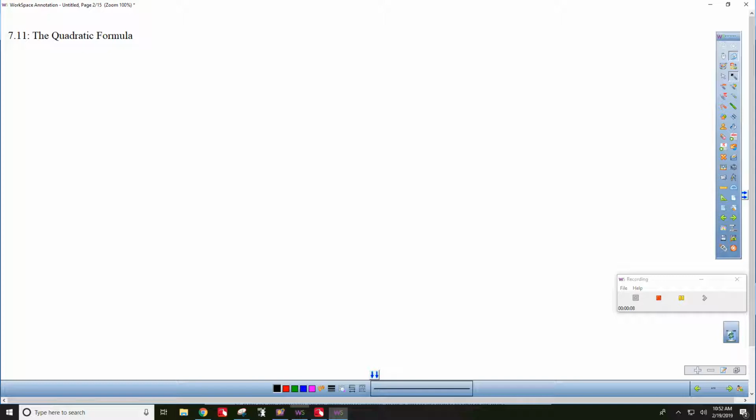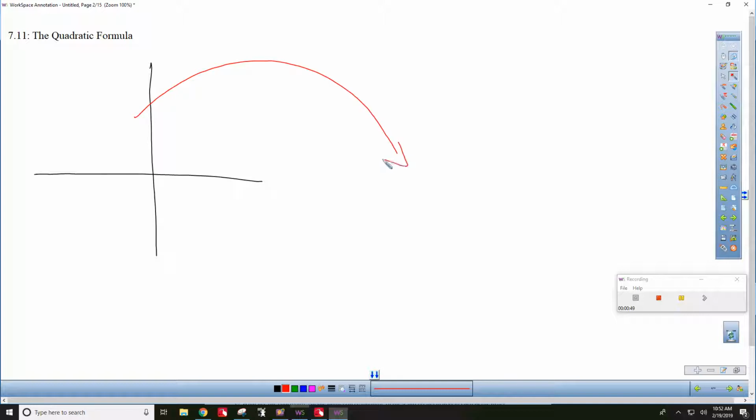Then when we started launching things, lobbing cannonballs and catapults, projectiles, humans started caring more about parabolas because everything due to gravity travels in a parabolic shape.